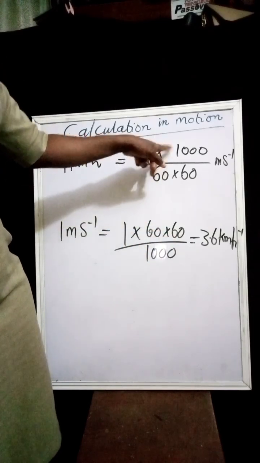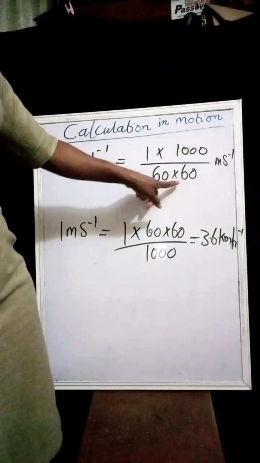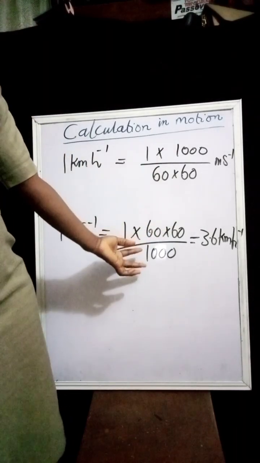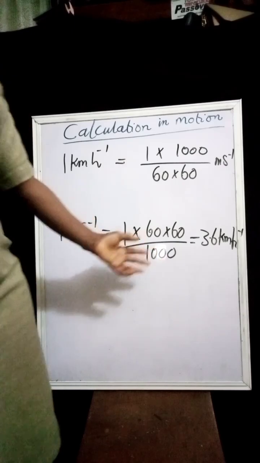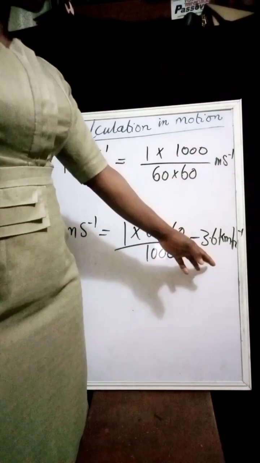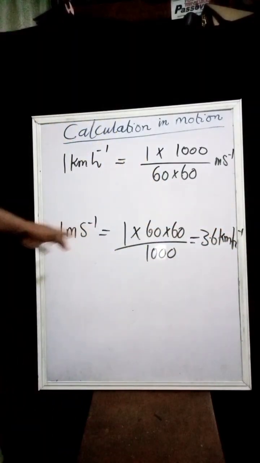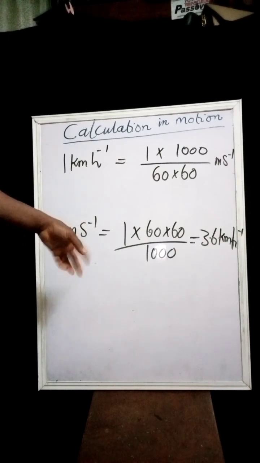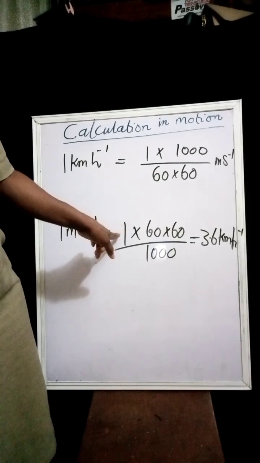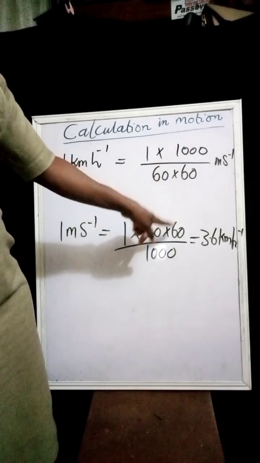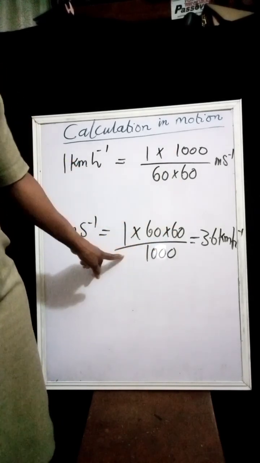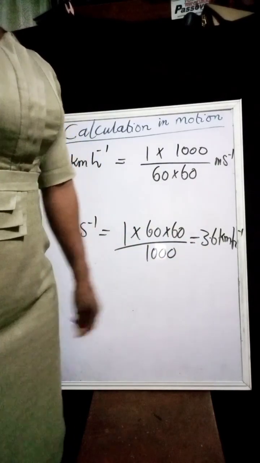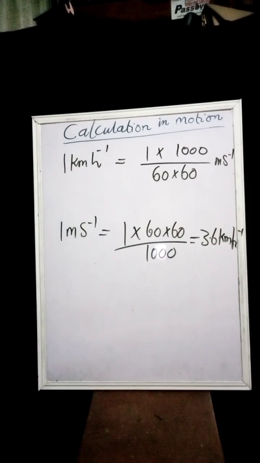You can see that here we multiplied by 1000 and divided by 3600, but here we multiply by 3600 and divide by 1000. Whatever value is given becomes the kilometer per hour. In this case, I was given 1 meter per second, I multiplied by 3600 and divided by 1000, and it gave me 3.6 kilometers per hour. I hope it's okay.